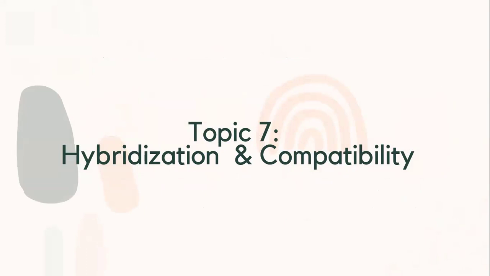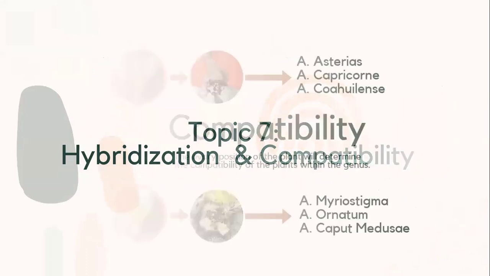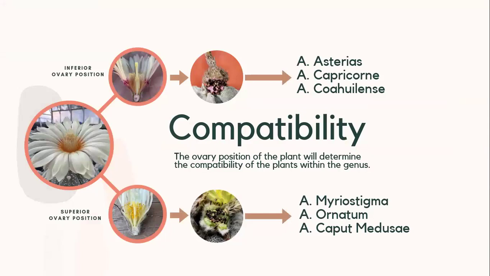So the last topic is hybridization. Hybridization is trying to breed two different species. Selective breeding is when you focus on one species and improve the quality or the traits that you see. But hybridization is trying to make a new one out of two species.